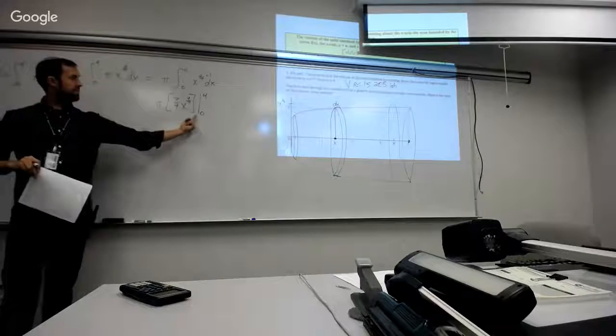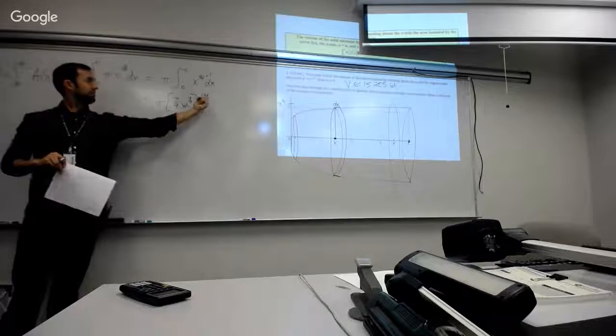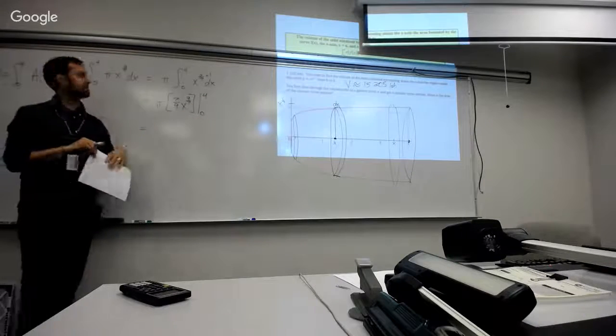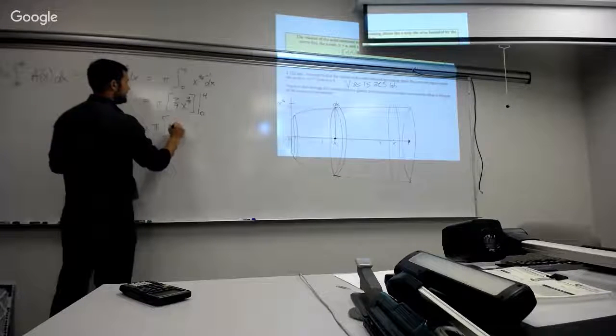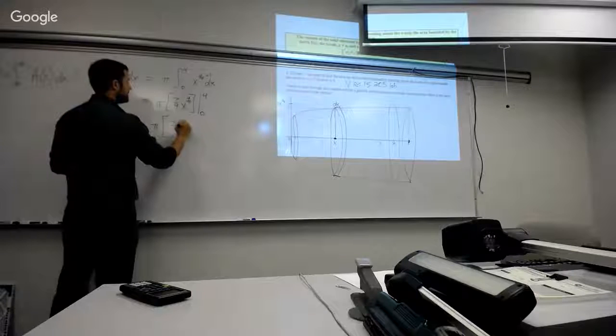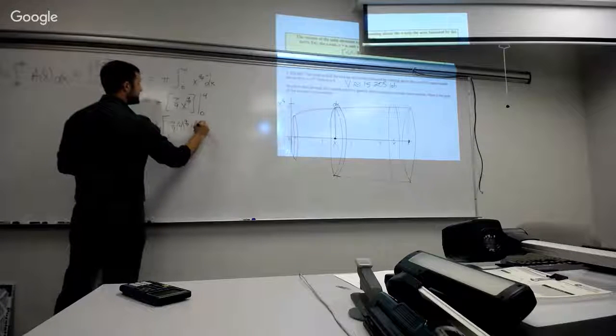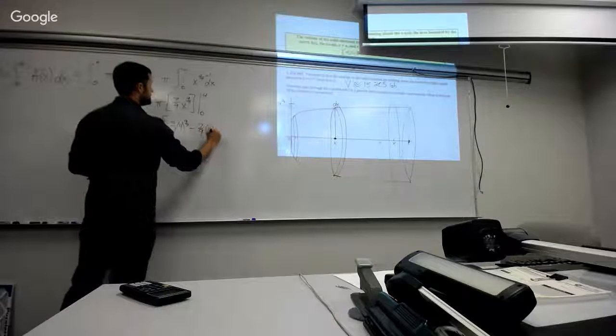Again, we draw that vertical line to remind ourselves that we're going to plug in 4, then plug in 0, and subtract. So what do we have? We have pi times 7/9 times 4 to the 9/7 minus 7/9 times 0 to the 9/7.